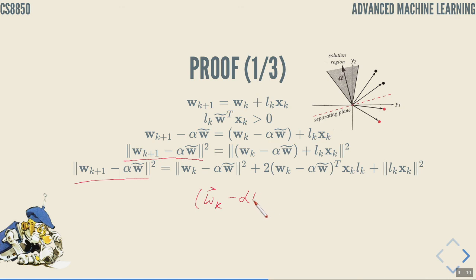There's nothing scary here, but I want you to understand how these things are done. So scalar, a vector. Sorry, this is an x. So what that square of L2 norm tells us is just that, w_k minus lambda w tilde plus l_k x_k.